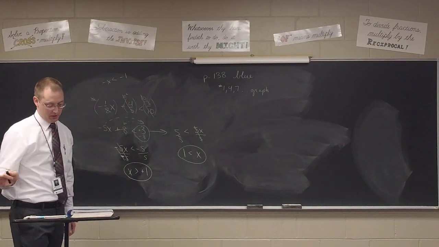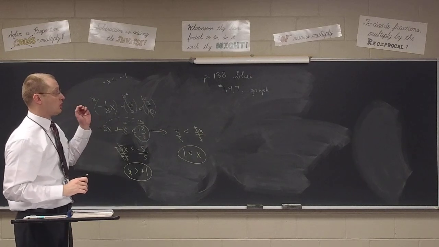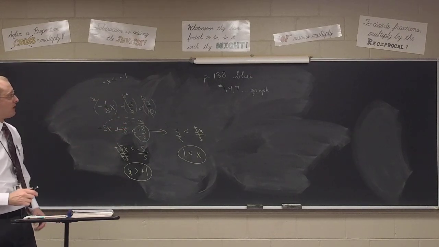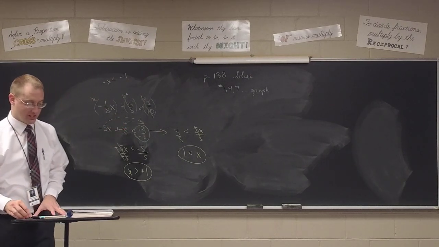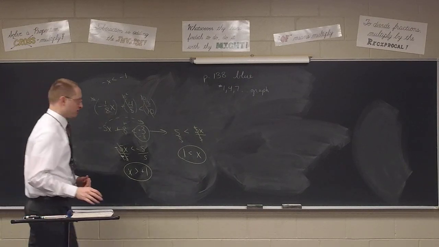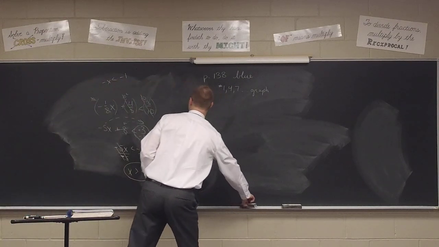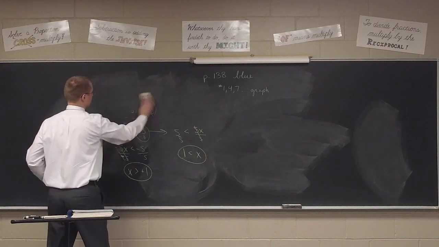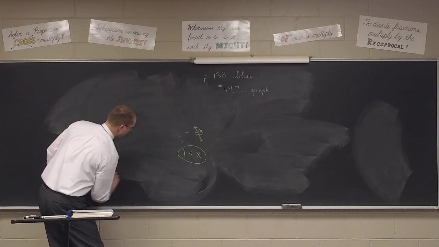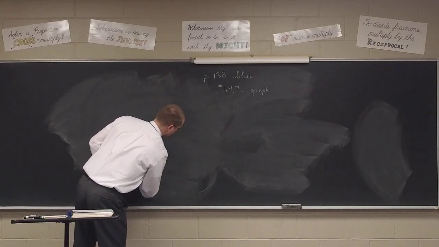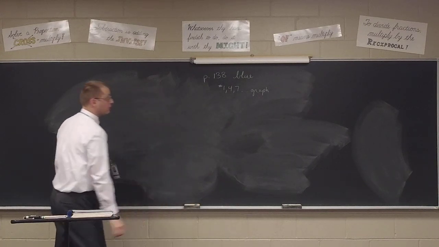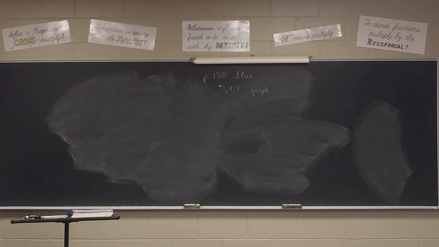We're not going to do all of them, but we are going to graph the first 3. So doing page 138, the blue, 1, 4, and 7, go ahead and graph. The rest of them, for sake of time, we won't actually graph them. Working quickly, but accurately. Good overall thorough review of inequalities.